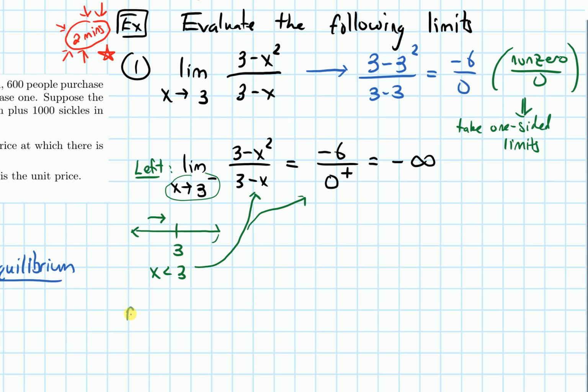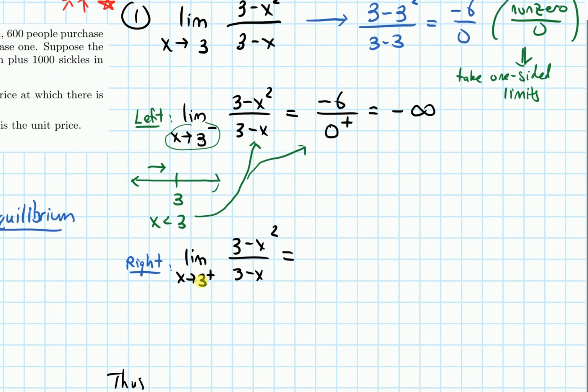The limit from the right is the limit as x approaches 3, and I write a little plus sign to indicate from the right, of (3 minus x squared) over (3 minus x). There's no issue with plugging 3 into the top, so that gives me negative 6. In the bottom, I have to be more careful.